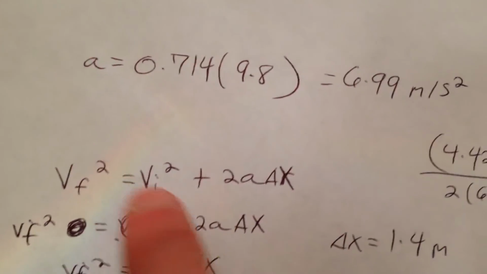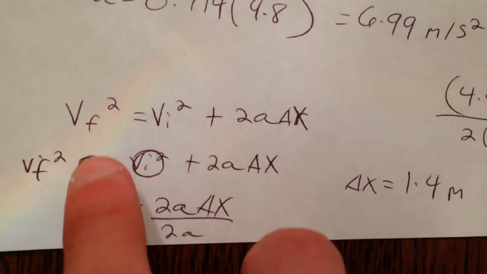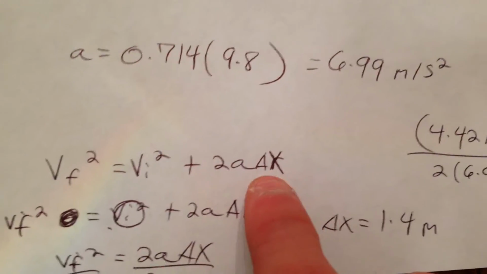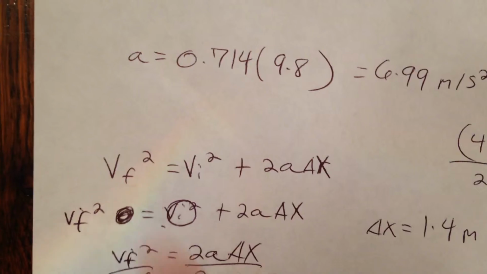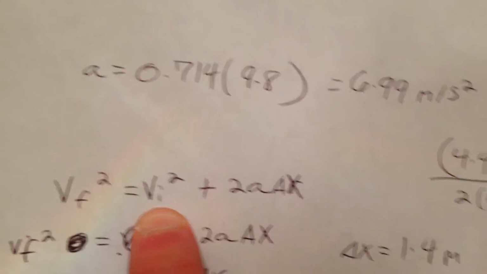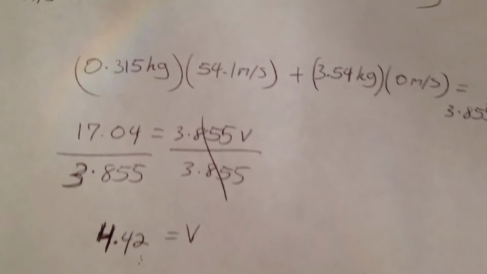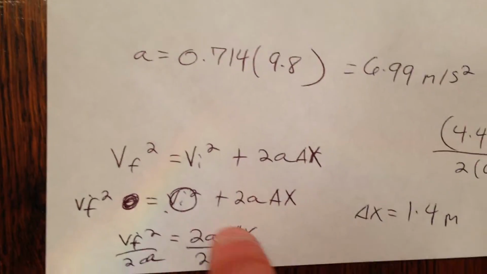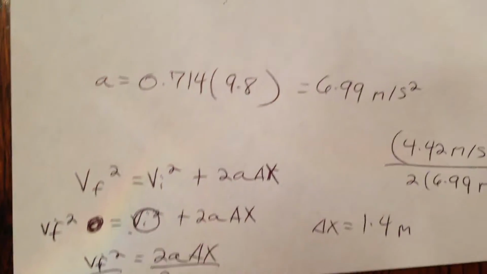Now we can figure this equation out. We're trying to find the distance, but we know the final velocity. The initial velocity is already 0 anyway, because it was right here, and it was just 0. So we can say that's 0.